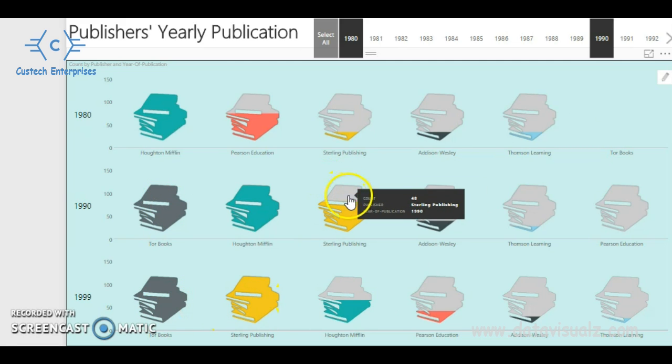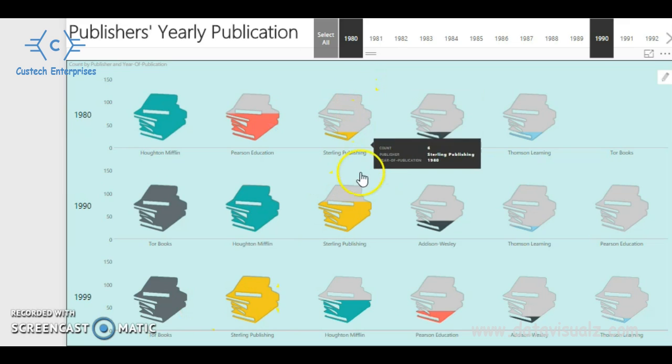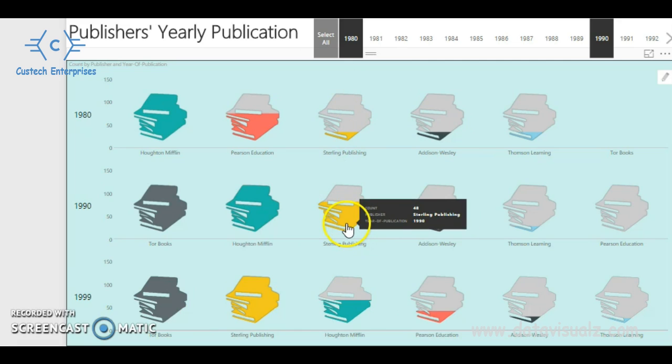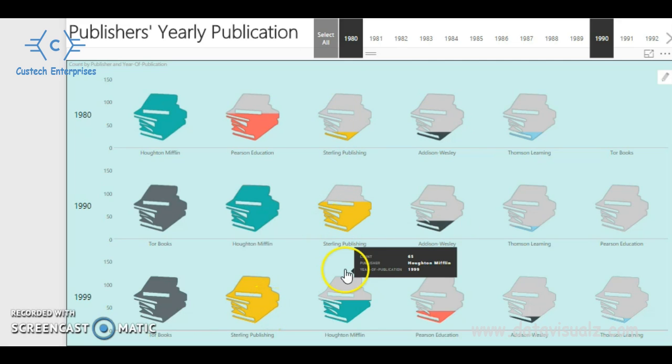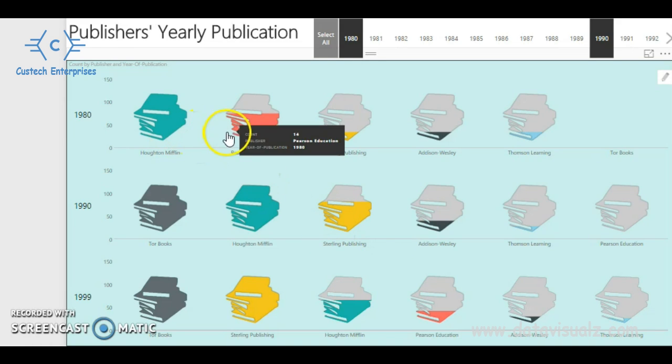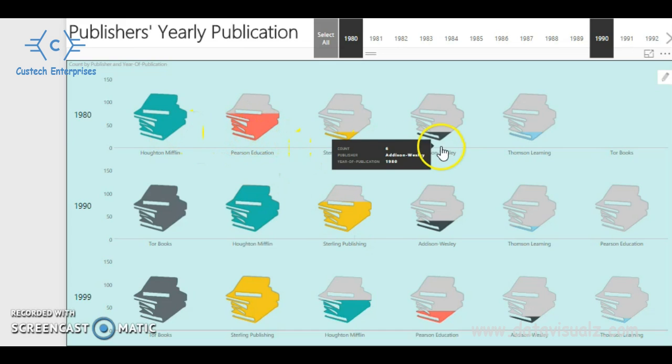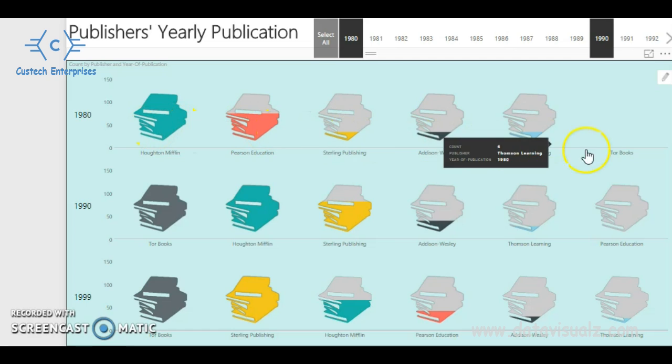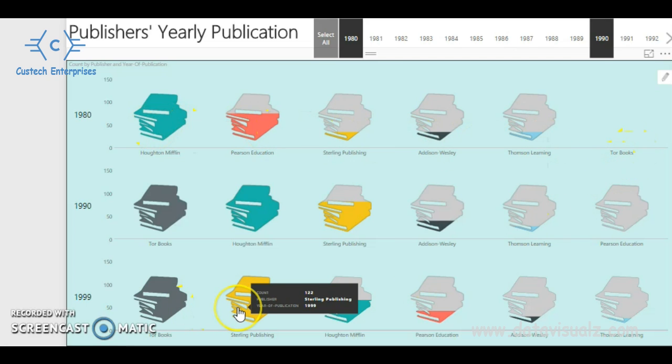And Sterling Publishing was second, or in fact third, in 1980, 1990. Now it's number two. So clearly, it's much more meaningful information that is being displayed, and again, it's also sorted. You can see here it's sorted from highest to lowest in each year.